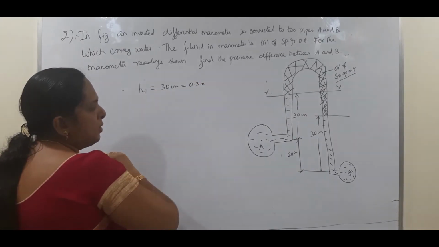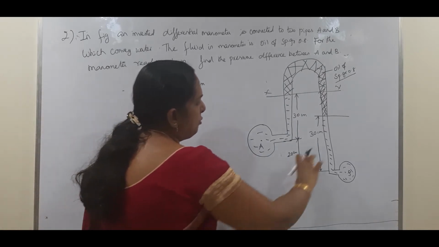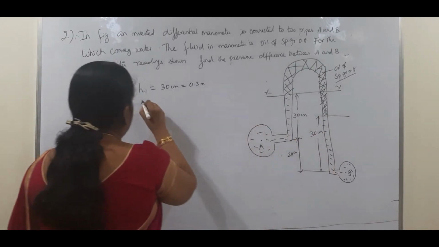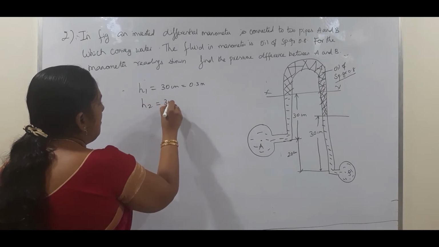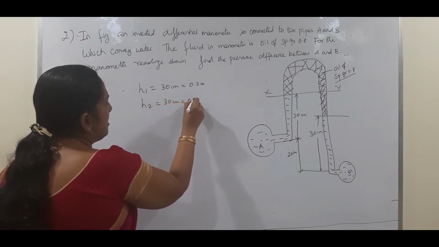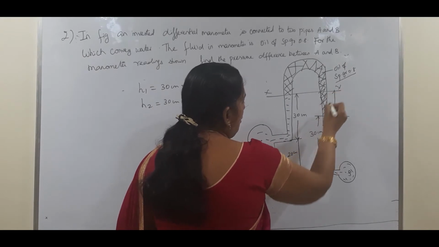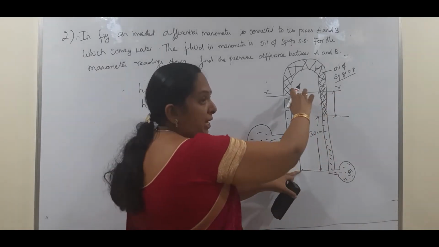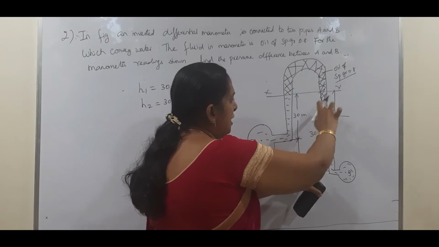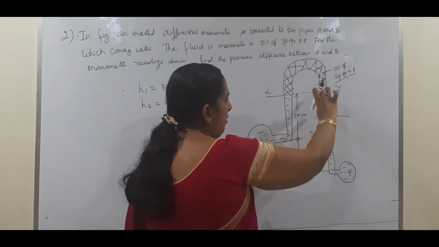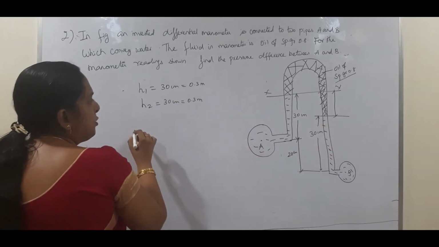Am I right? So what is H2? H2 is also 30 centimeters, that is also 0.3 meters. But we don't know the level of this mercury, so how do we find it out? We know the total height, and we know this height, so we will be able to find the difference in level of mercury. What is H?